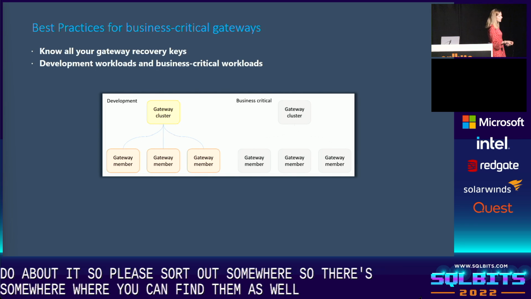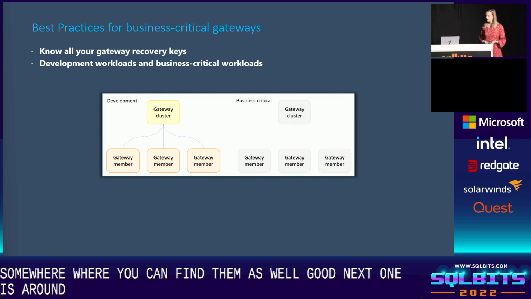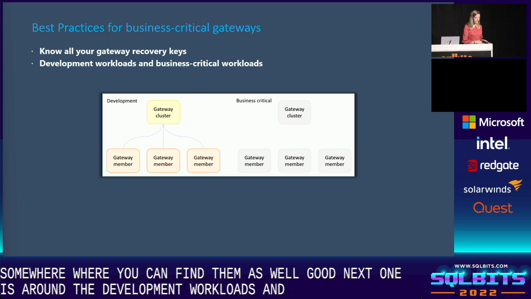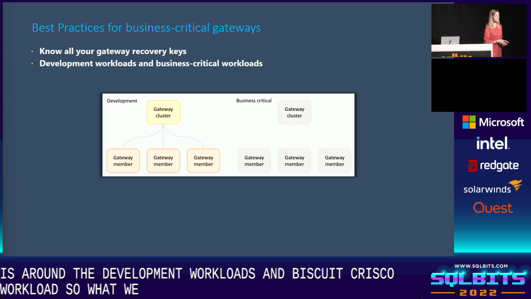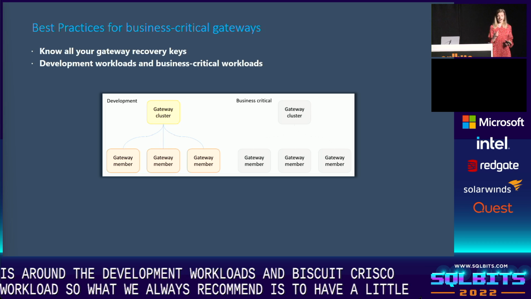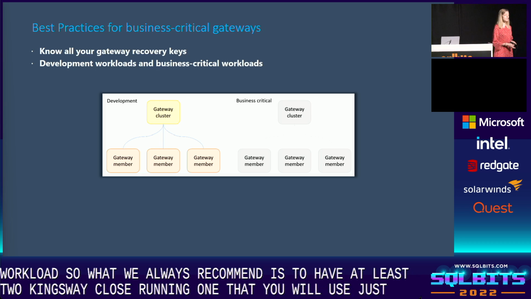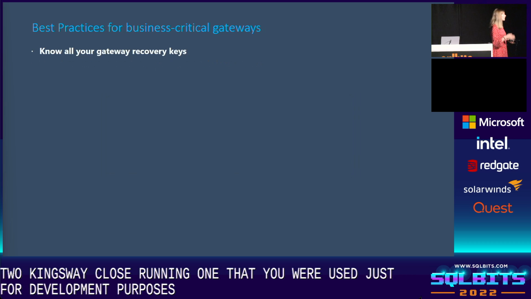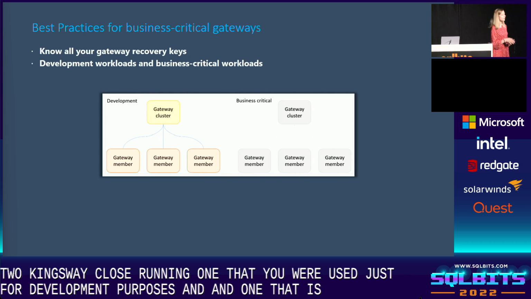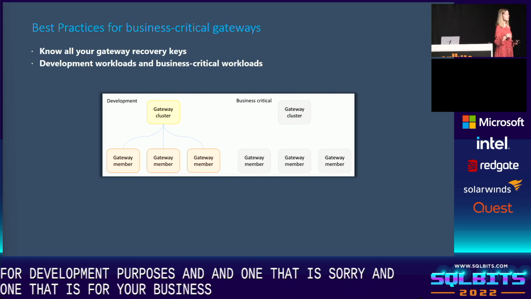The next one is around development workloads and business critical workloads. What we always recommend is to have at least 2 gateway clusters running, one that you will use just for development purposes, and one that is for your business critical workloads.